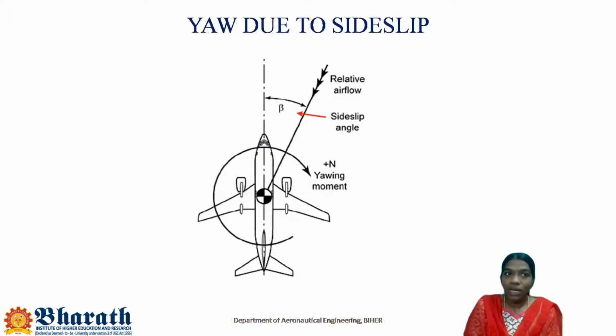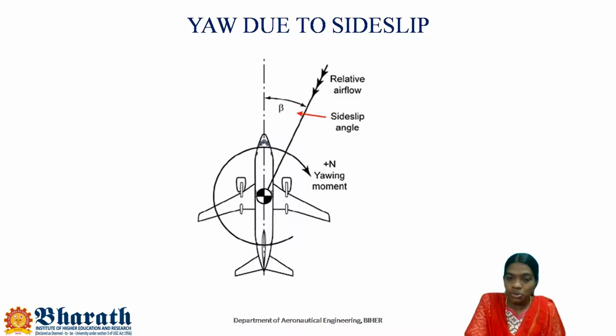Before getting into the asymmetric thrust condition, let us just consider an aircraft that yaws due to side slip, due to some disturbance. Now look at this figure. The arrow mark is the relative airflow.